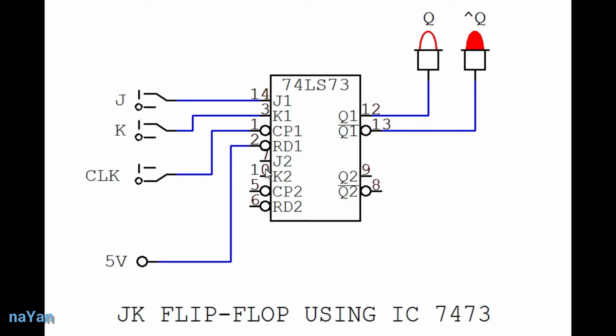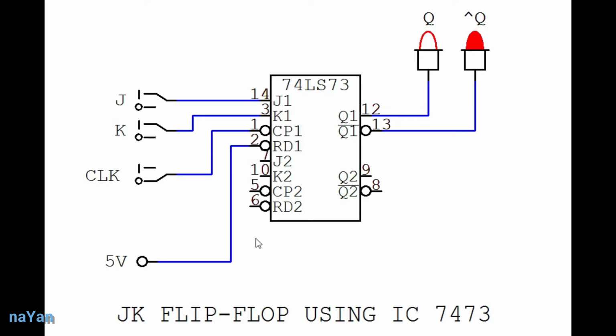Now we can observe that there are some bubble inputs. Bubble input means it will work when we provide 0 to this input. So instead of 1, when we provide 0 to this input, it will work. That's why it is an inverted input. As we can understand, clock is a bubble input, so if we provide 0, the clock gets 1.